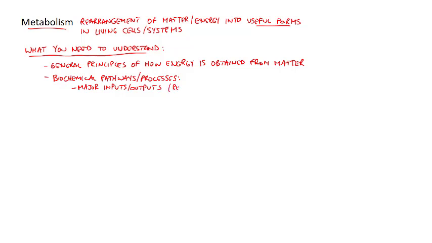In other words, reactants and products. And by major, I mean you don't have to account for every last proton or every last water molecule, but the major carbon-containing compounds. You need to know the regulated steps and how they're regulated.